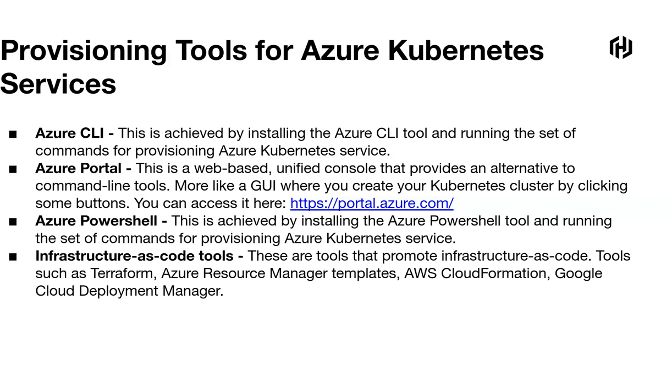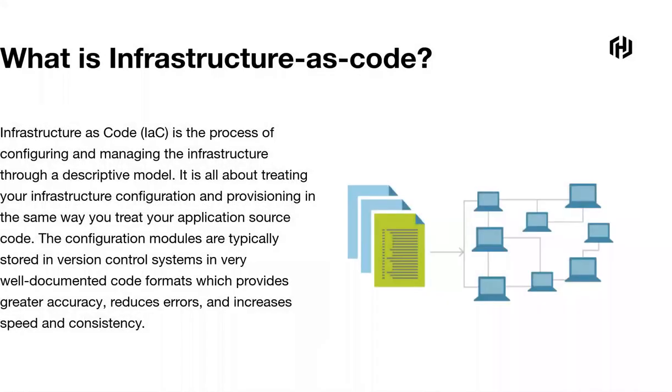You also have Ansible, which can also provision infrastructure, but it's primarily a tool for configuration management. But today we're going to be talking about Terraform, how we're going to use Terraform to provision Azure Kubernetes Service.